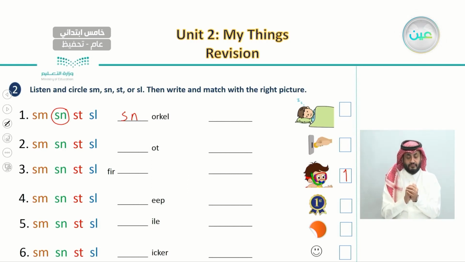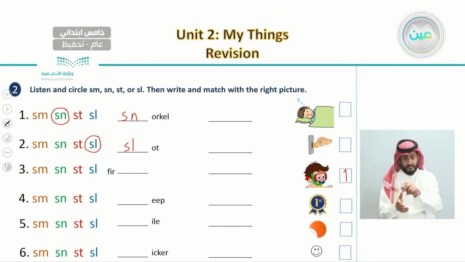Now let's listen for the second word. The second word is slot. Slot. So slot here starts with S and L. S and L. So here we go, we write S and L. And after we write S and L, now it is your part to copy or write down the same word in this blank.